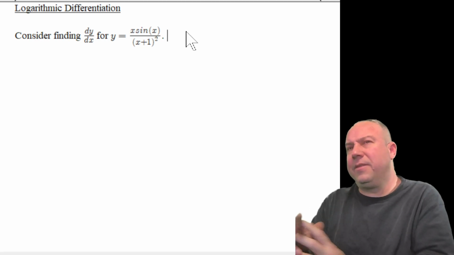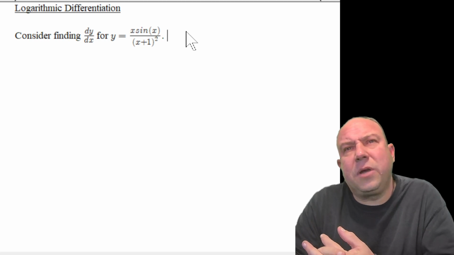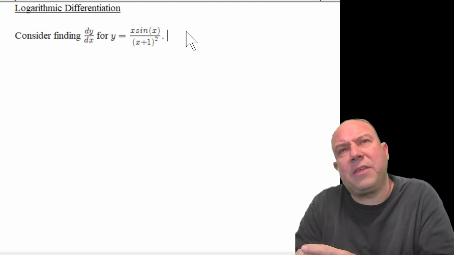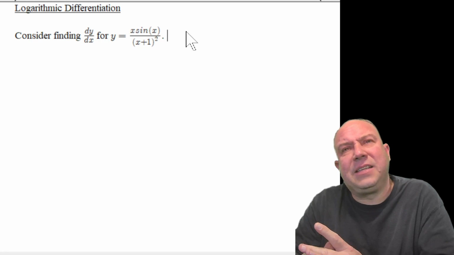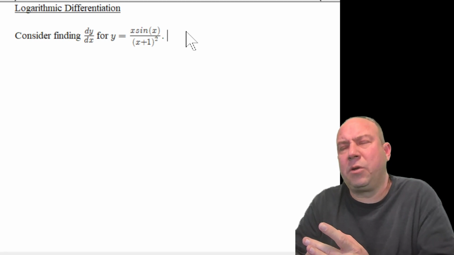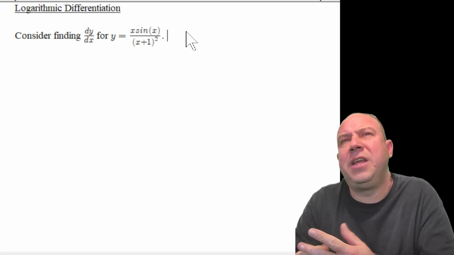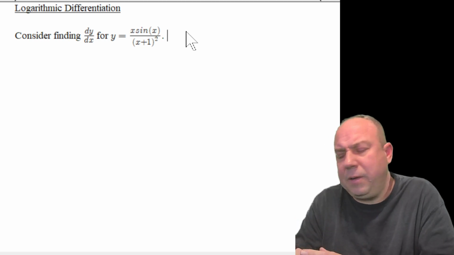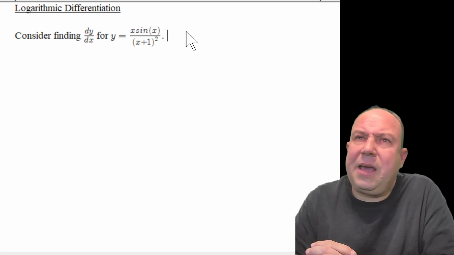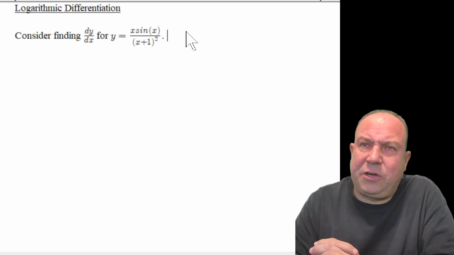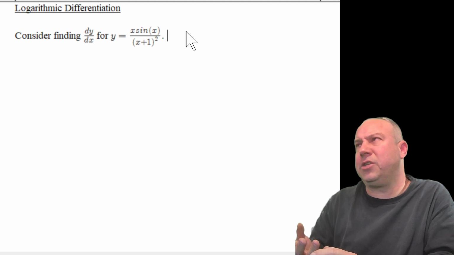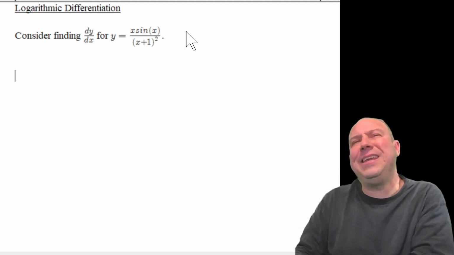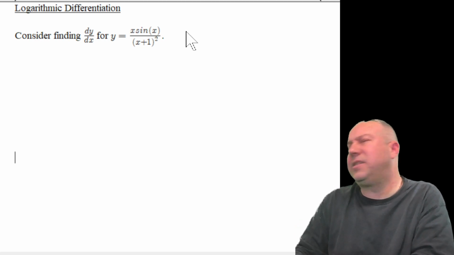Although not necessarily a tricky derivative, it could be rather tedious to set this up and perform the calculation and avoid potential error. Another process we could use is what's called logarithmic differentiation, and it is pretty efficient in its technique.